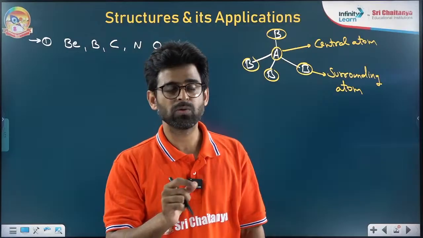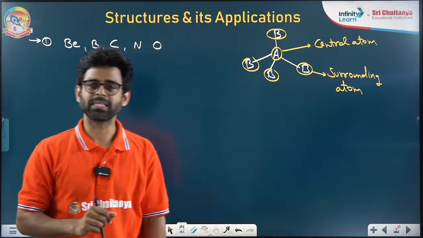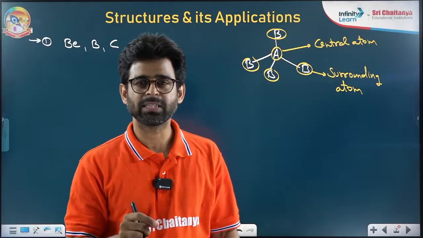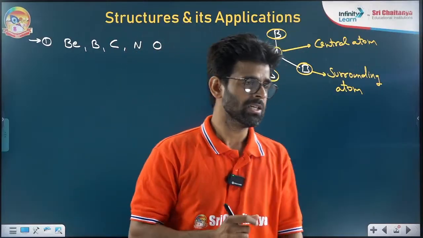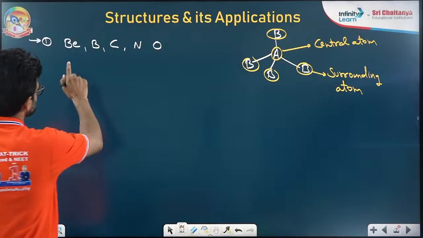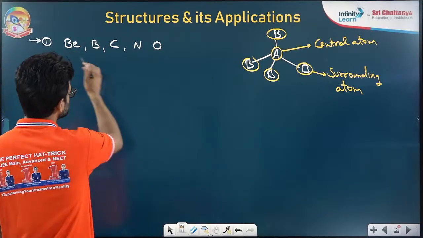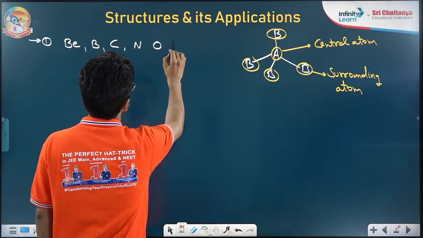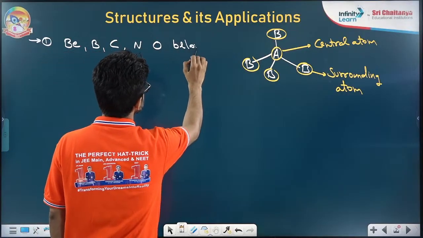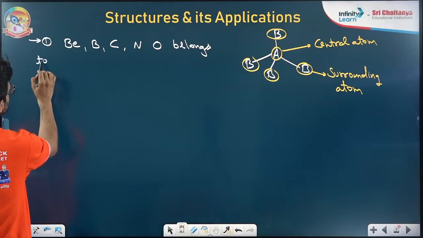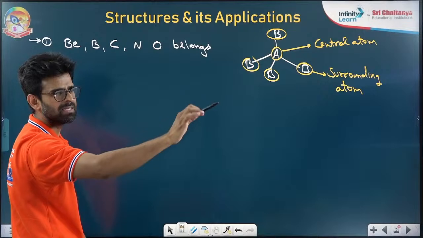All of these belong to the second period in your periodic table, right? So remember, when any of these is your center atom or central element, these can make at most how many bonds? 4 bonds. These belong to the second period. Even lithium and fluorine are there, but these will not come.